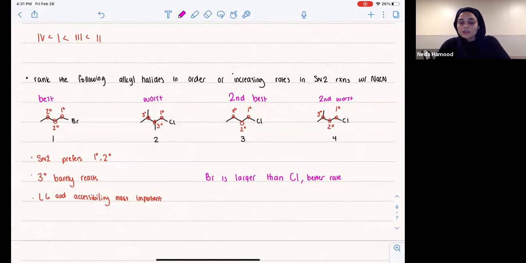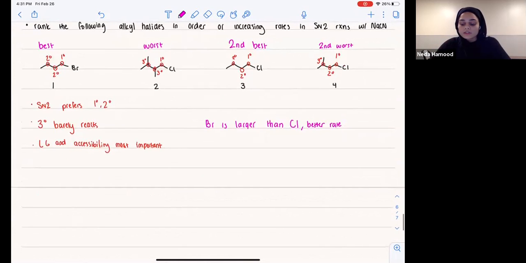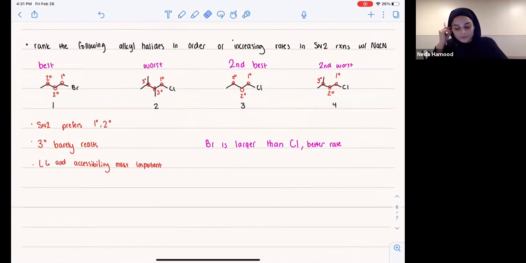You guys know when we were looking at the Cahn-Ingold-Prelog system and the highest priority in order to determine R and S configurations, and if we had something like OH compared to CH3, then OH would have higher priority. It's a similar concept here when we're looking at increasing rates.